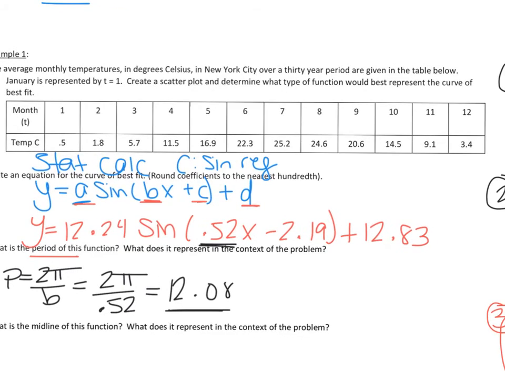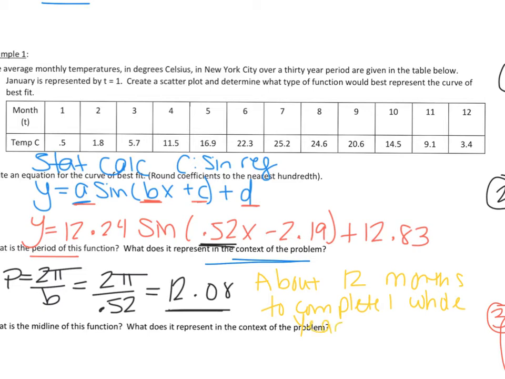Basically, in context of the problem, it takes about 12 months to complete one whole year's cycle of temperature changes.